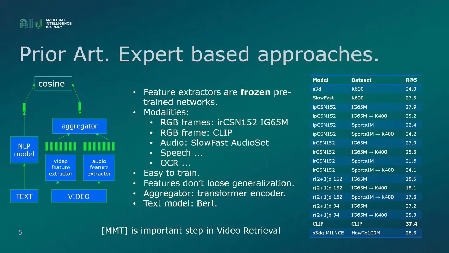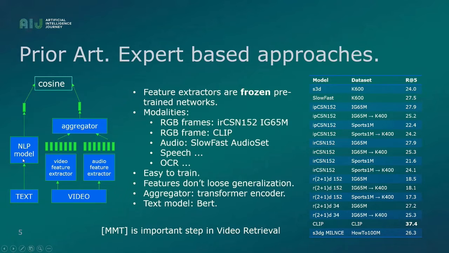An expert takes video or sound as input and generates a set of features or a set of frames. Here you can see the key parameters. We have extractors which analyze the video or audio, then we put them together into an aggregator, and then it goes to cosine.